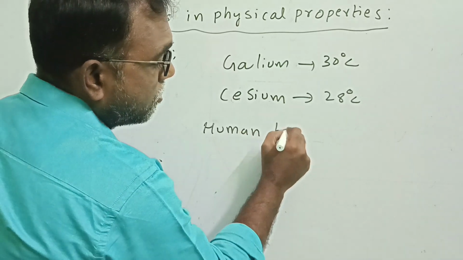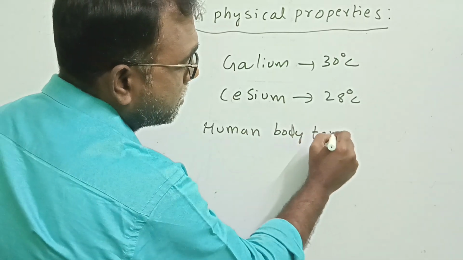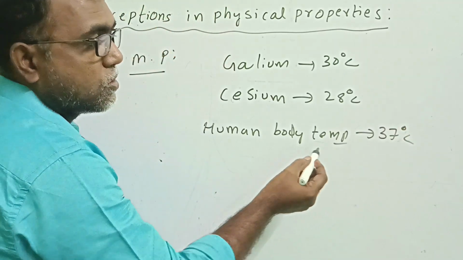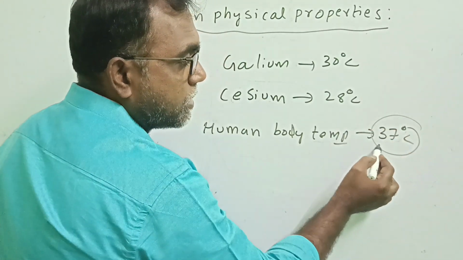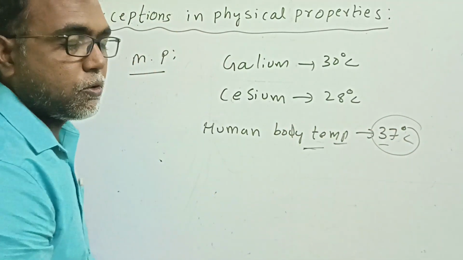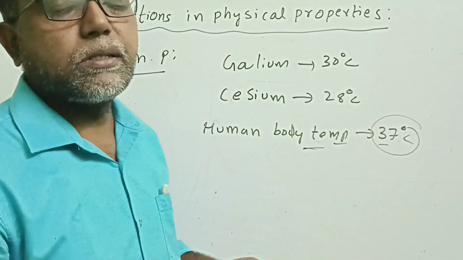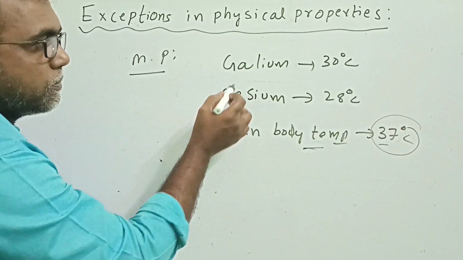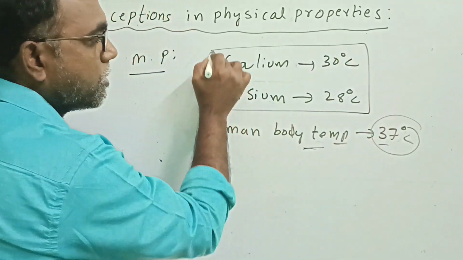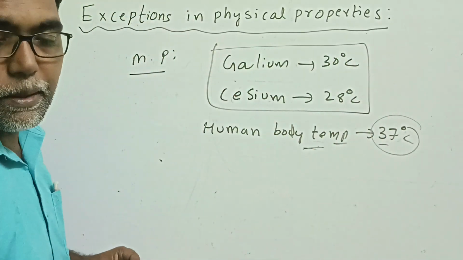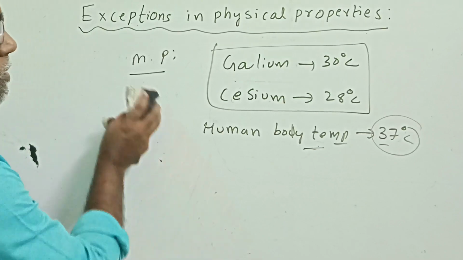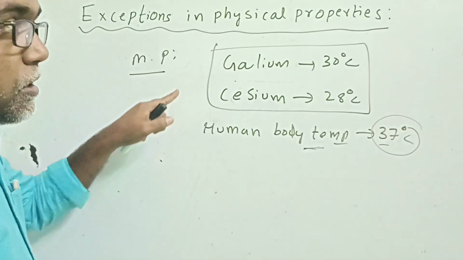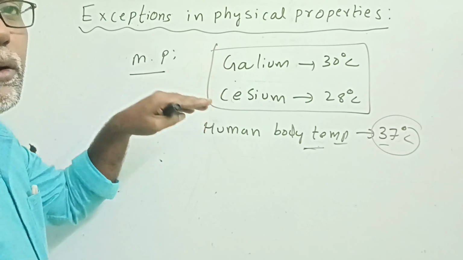is 37 degrees Celsius. So because of the higher temperature of the human body, these two metals melt on your palm. Why do they start melting? Because their melting point is lower than body temperature. Generally metals have high melting and boiling points, but these two metals have low melting points.